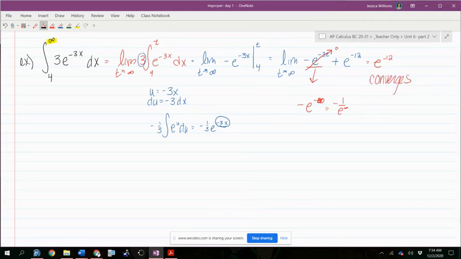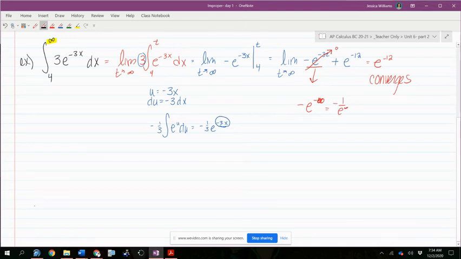Okay, let's talk about what it would look like if it does not converge. So those of you who participated in some of the phase 2 stuff last spring with Dr. Pickle, perhaps you remember doing some series and you talked about series converging or diverging. Converging means you approach a value. Diverging means you shoot off to infinity or you don't approach a value.